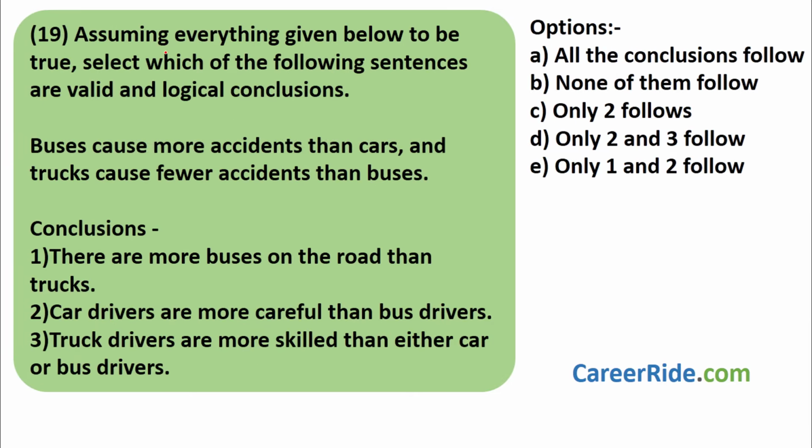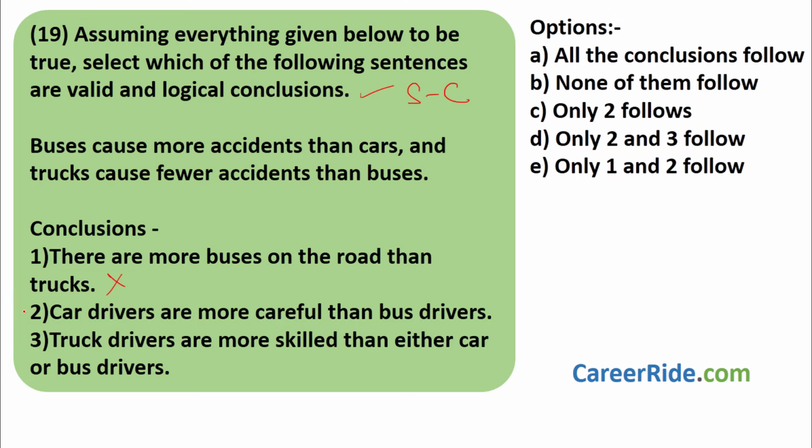Assuming everything given below to be true, select which of the following sentences are valid and logical conclusions. Again, statement and conclusion. Buses cause more accidents than cars, and trucks cause fewer accidents than buses. Conclusion: there are more buses on the road than trucks. Absolutely not true. You can directly see that this cannot be said for guaranteed. Car drivers are more careful than bus drivers.